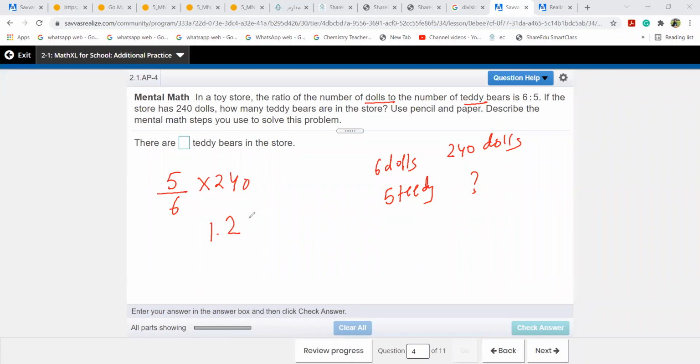Yes, 1.2 times what? 240. How much is the answer? I think 5.2. I don't say I think. It's 5 divided by 6. It's 1.2, right? I don't know. You all told me. Is it correct?